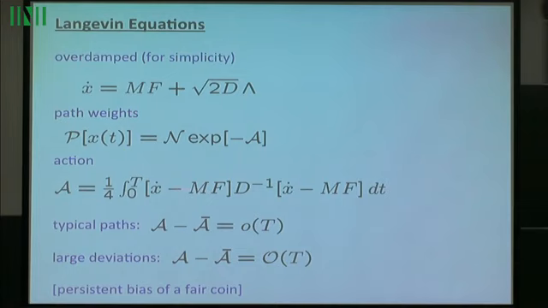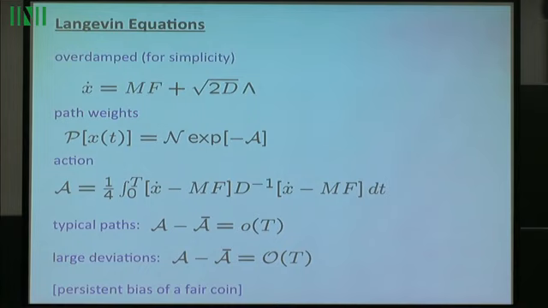So I have an action. Big T here, and throughout this talk, will be a time. It's some long time. I'm interested in trajectories extending from time 0 to time big T. I have no further need for temperature, won't be using that notation. There's the action. This is the time integral.